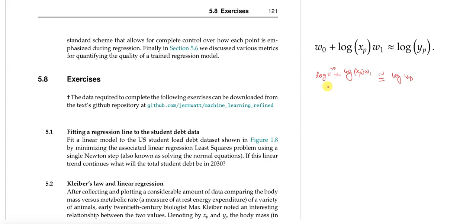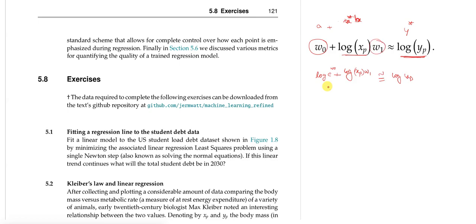Actually, here if I choose this as y star, this is a plus b star x star. I can write like this. So to the existing y values, I need to take the logarithm. So finally I need to compute w0 and w1.